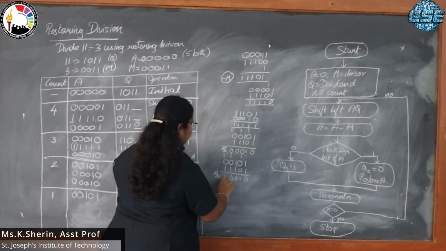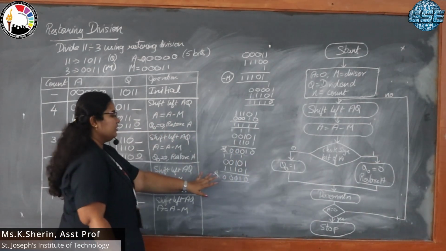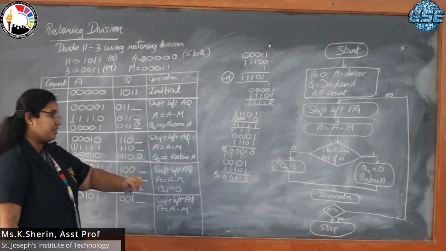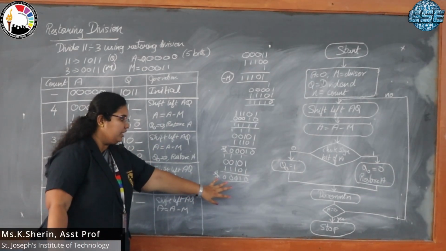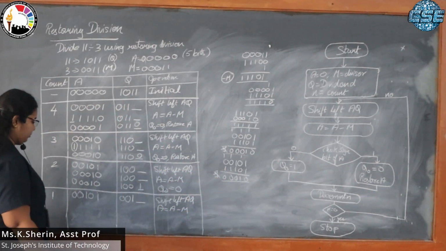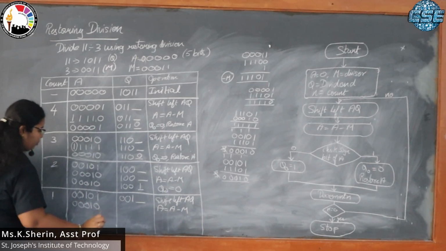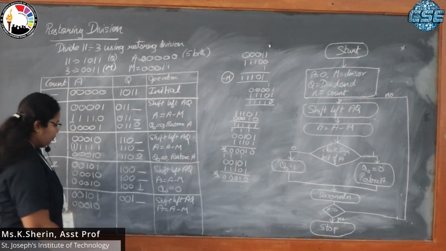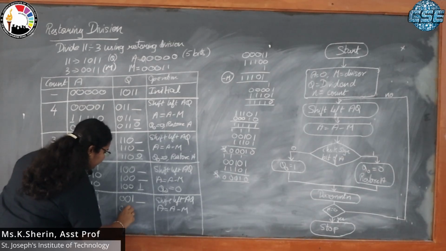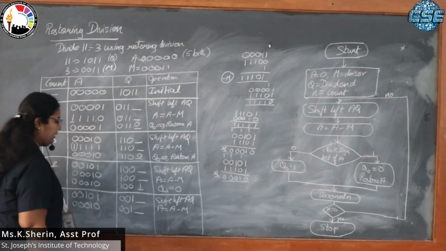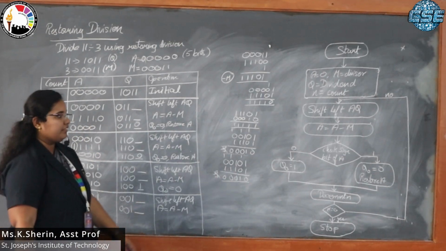So carry, I am just excluding that, since it is a 5-bit value. Writing it as 00010. So it is 00010 over here, and the Q operation is going to be the same thing, 001 and a blank value.